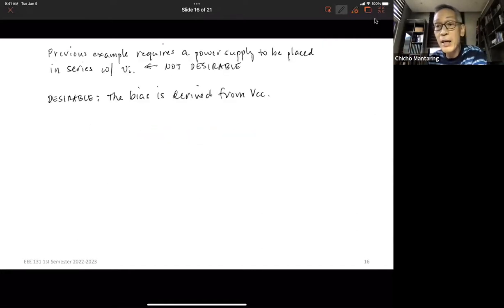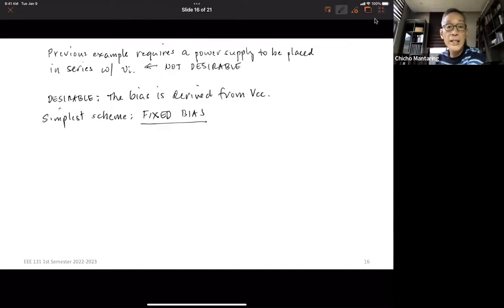And there are schemes available. So the first scheme available, this is the simplest scheme, is what we call the fixed bias. That is the simplest scheme that is available.